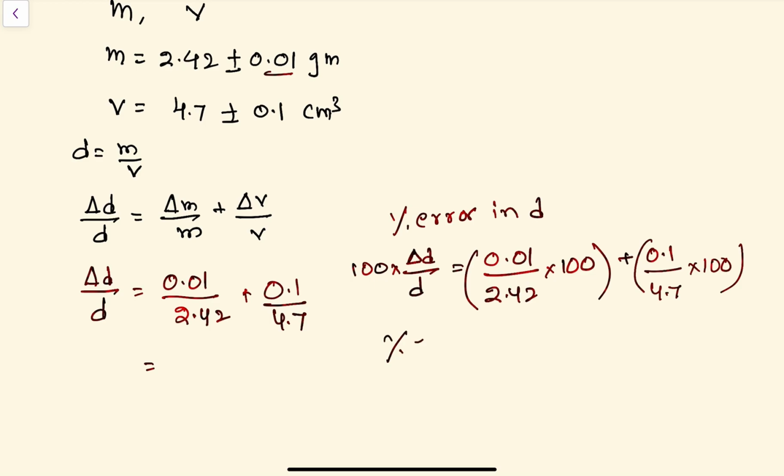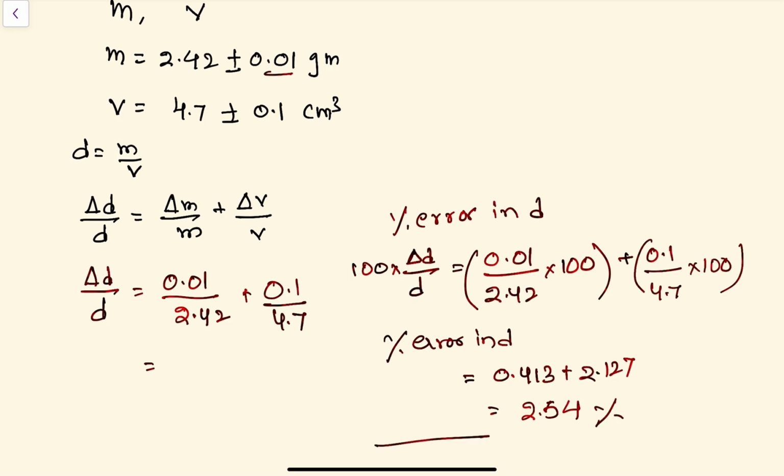This is the percentage error in D, which is approximately equal to 0.413 plus 2.127, which is 2.54 percent.